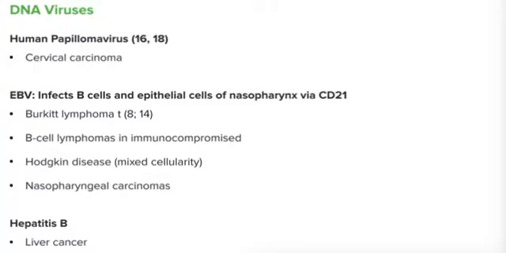Our topic is DNA virus so far, HPV, EBV. Then you have hepatitis B. Why is there no hepatitis C here? Because hepatitis C is an RNA virus. So next, when we talk about RNA, we will talk about hepatitis C. Hepatitis B could be associated with chronicity, could be associated with hepatocellular carcinoma of the liver.